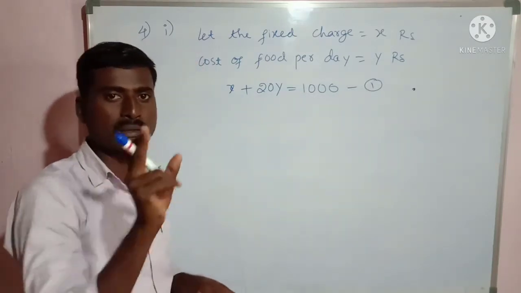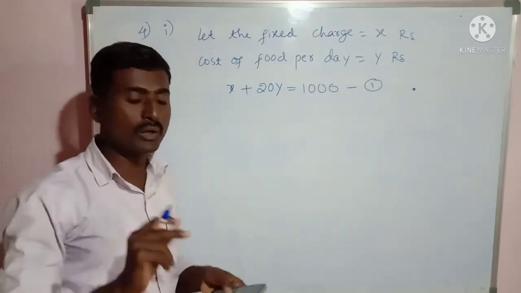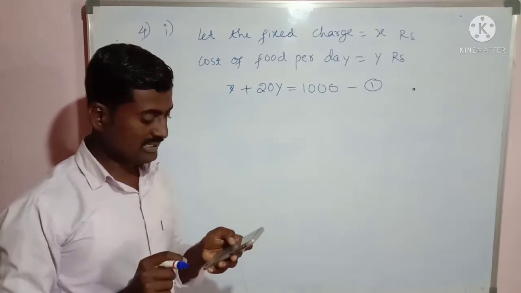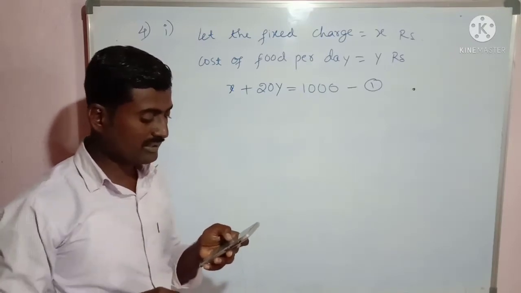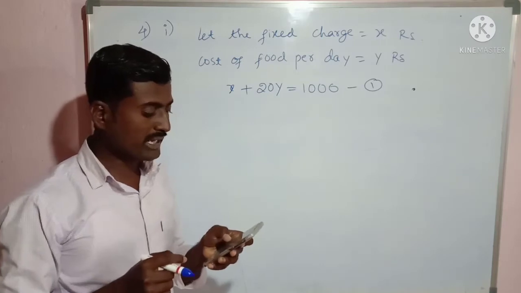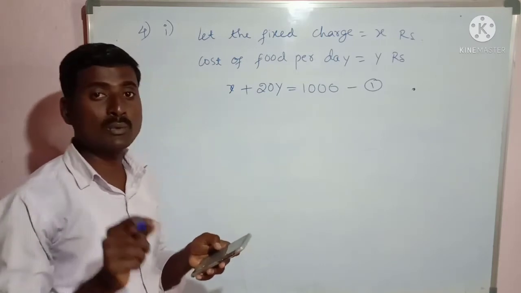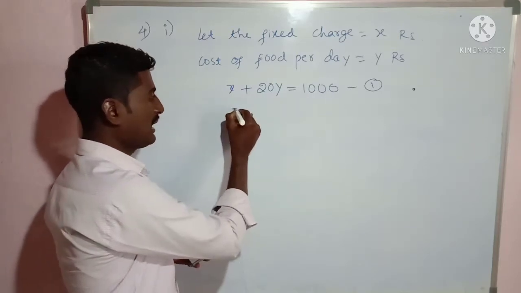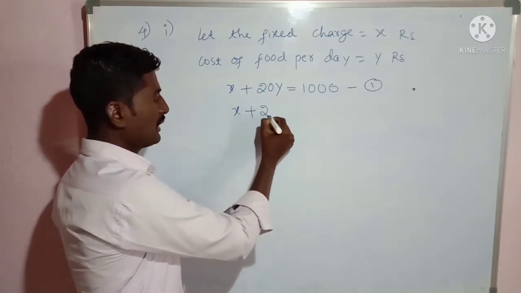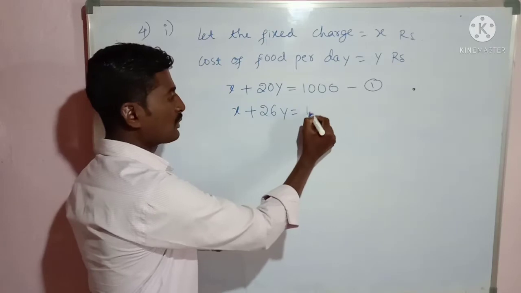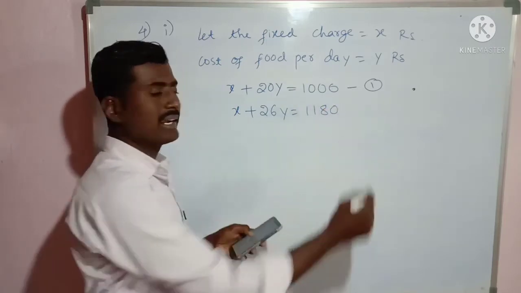We formed one equation and one more equation. The other statement: student B who takes food for 26 days paid 1180. Similarly, x plus 26y is equal to 1180.